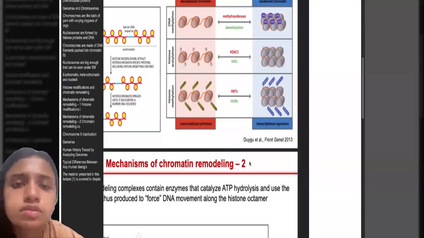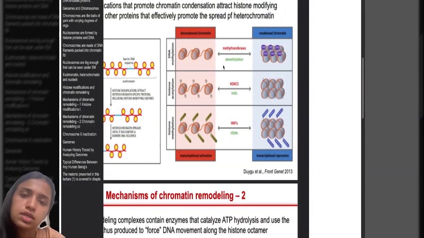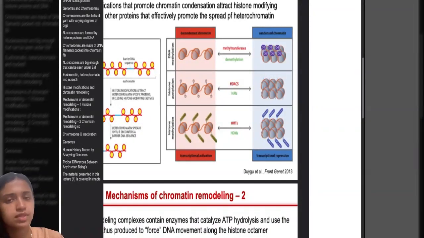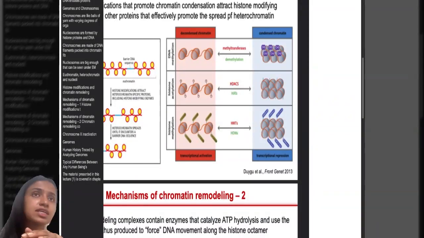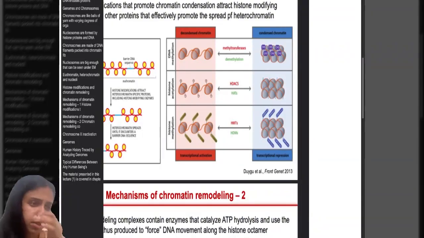I was trying to remember it with some sort of mnemonic, because you have the methyl. MDHHHH is how I would remember it. So you have methyltransferase, demethylation, then HDACs, HD like the TV, HDAC, TV and AC. So you have MD. If you're an MD, you get to buy TVs and ACs, and then you have the hat.